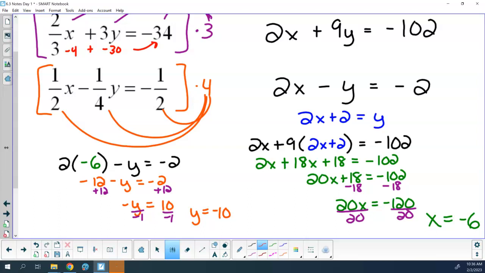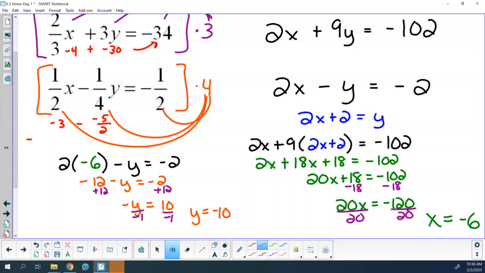1/2 times -6 is -3. 1/4 times -10 is -5/2, because it's really -10/4, which reduces to -5/2.